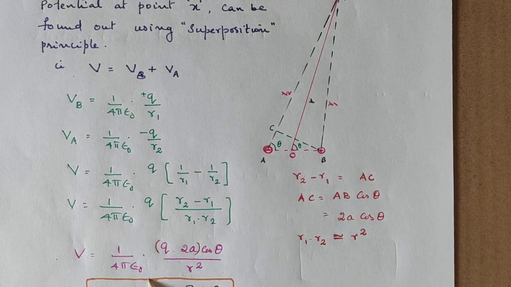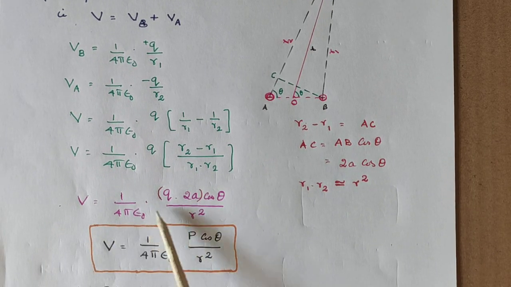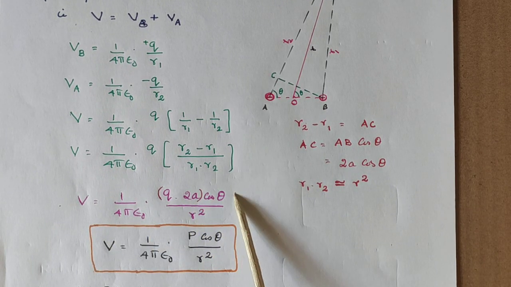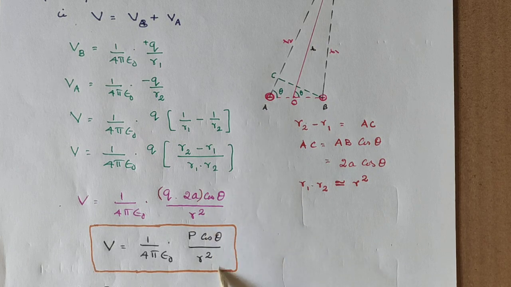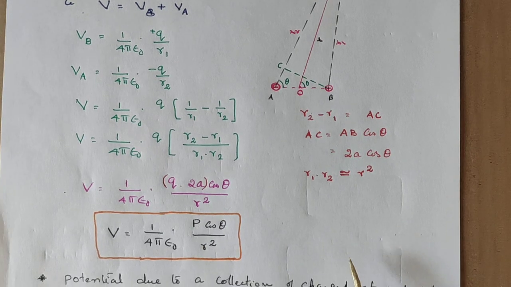Substituting both into the equation, we get V equals 1 by 4 pi epsilon 0 into Q into 2a cos theta by R squared, and V equals 1 by 4 pi epsilon 0 into p cos theta by R squared. This is the formula for potential due to an electric dipole at point X as shown below.